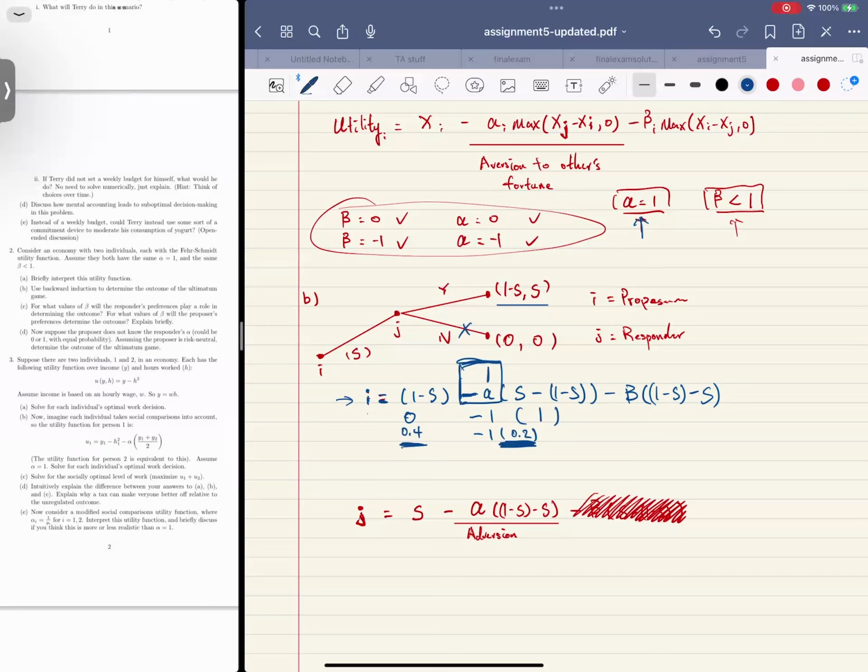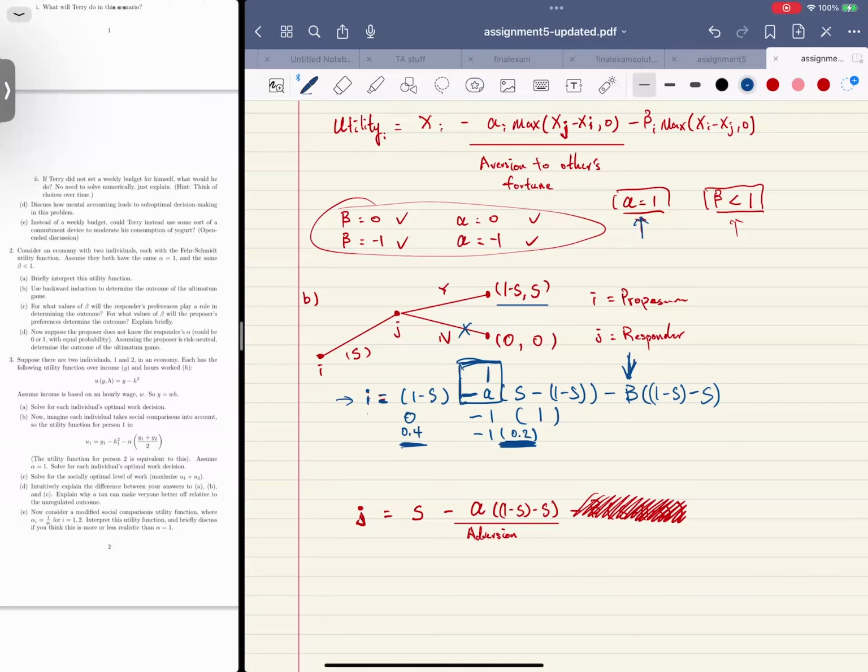Because this is not optimal. We don't know beta, right? Maybe beta is some negative number, and I'm super happy. Well, negative beta is sadistic, like you're happy to see other people struggle.